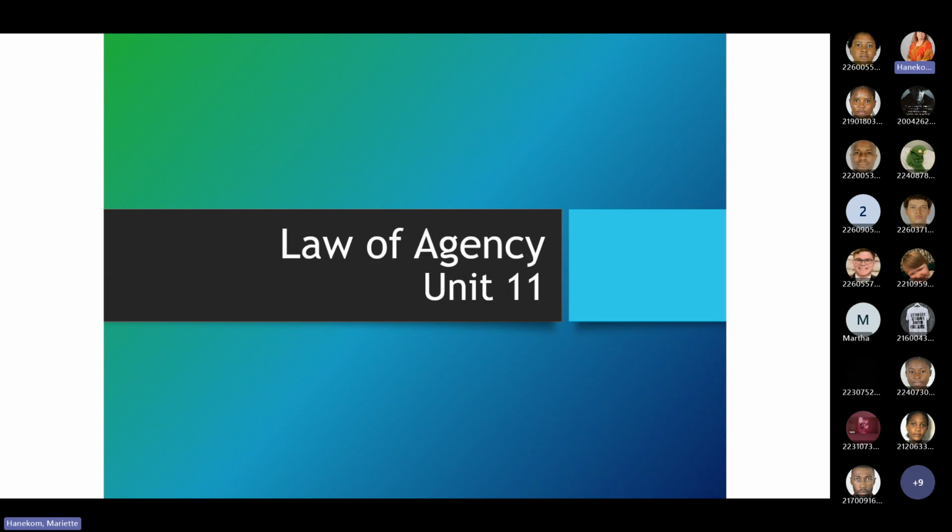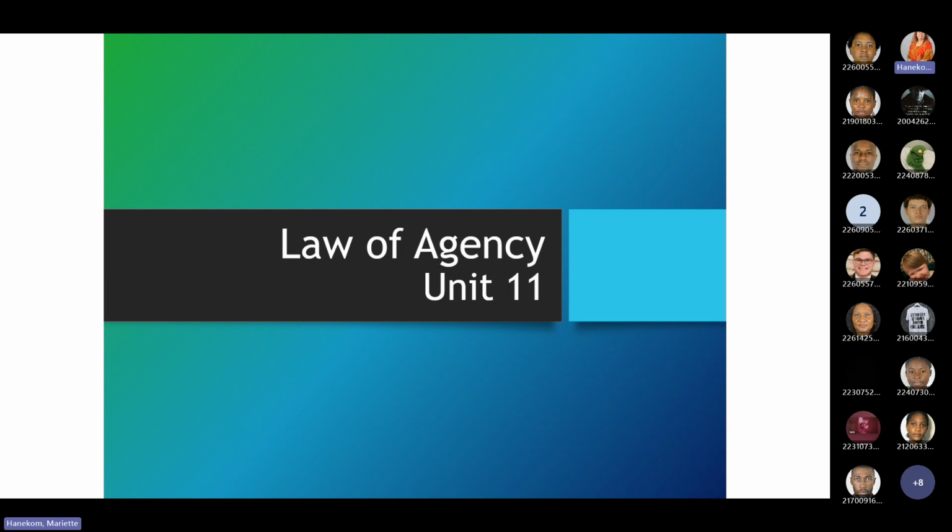So, the law of agency, what are we talking about? In its most basic terms, let's say I give Roland some money and I send him to the shop to buy me a burger and a Coke.